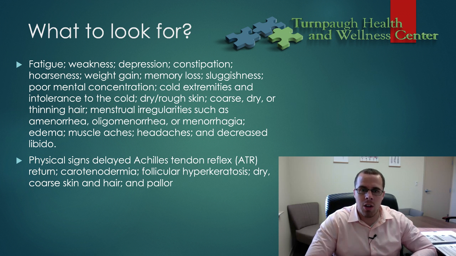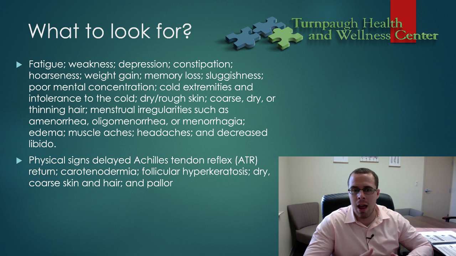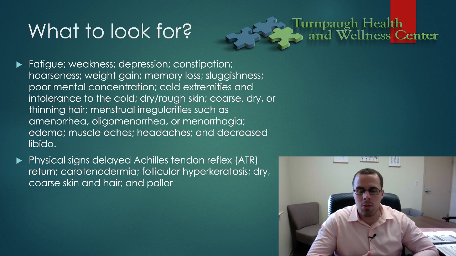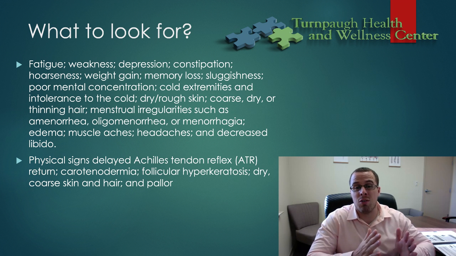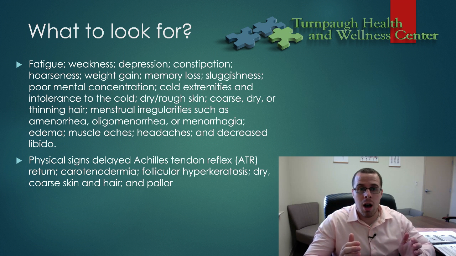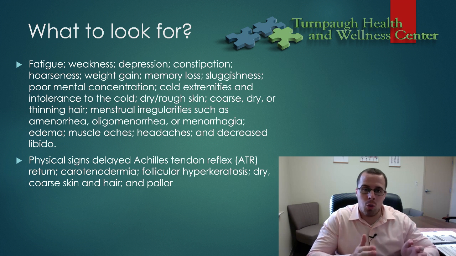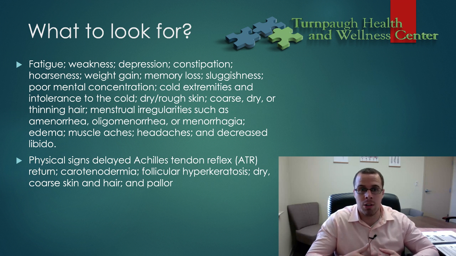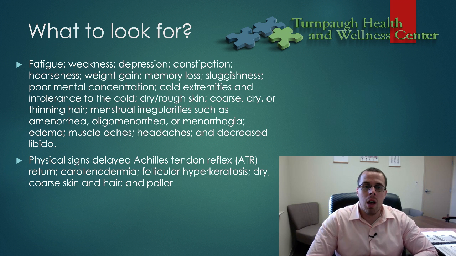Then we get down here, you can see menstrual issues such as amenorrhea, lacking or not having a menstrual cycle; oligomenorrhea, where your menstrual cycle is very inconsistent, skipping around a lot; and even in some cases menorrhagia, when we're having excessive bleeding, or the 28, 29, 30-day cycle has been shortened into a 23, 24-day cycle. And then you can see decreased libido, muscle aches, headaches.